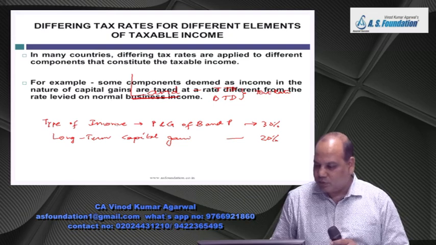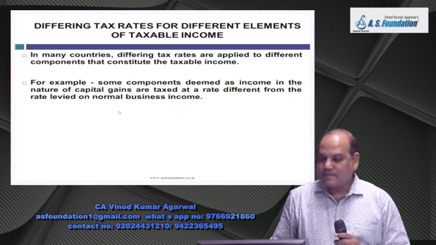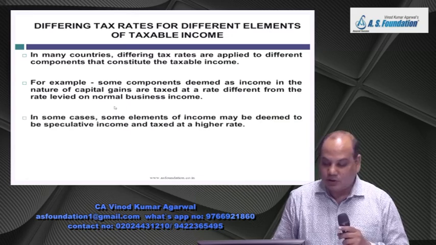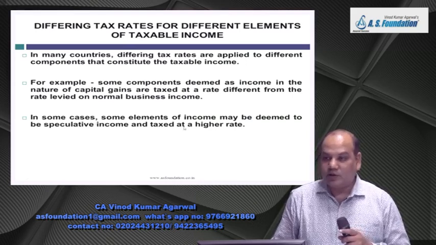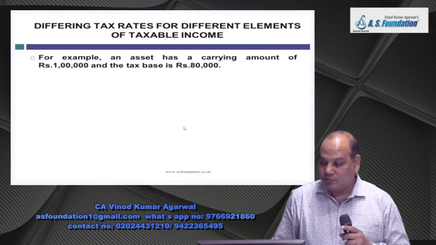For example, some components deemed as income in the nature of capital gain are taxed at a rate different from the rate levied on normal business income. In some cases, some elements of income may be deemed to be speculative income and may be taxed at a higher rate also.